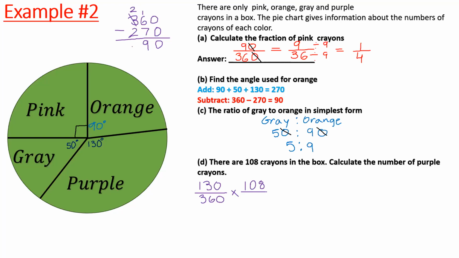You would cross out the zeros on the 130 and the 360.